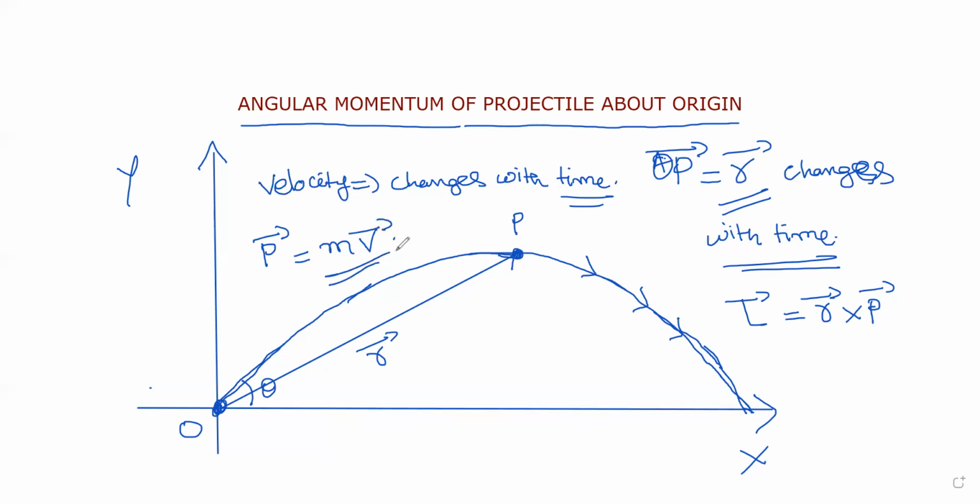So the velocity vector keeps changing, the momentum vector keeps changing with time for a projectile, and the position vector of the point P also changes with time. Now the problem is, how do you calculate the angular momentum for these vectors? Let's check out how to solve this.